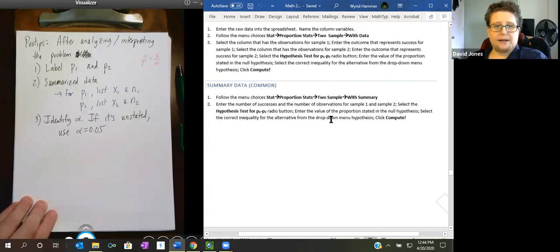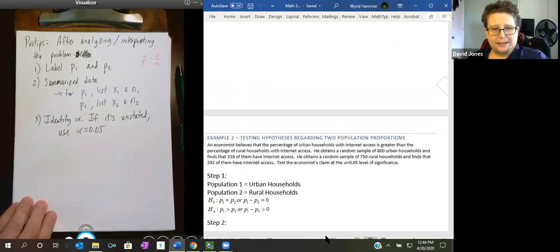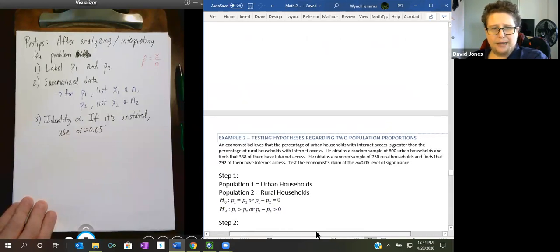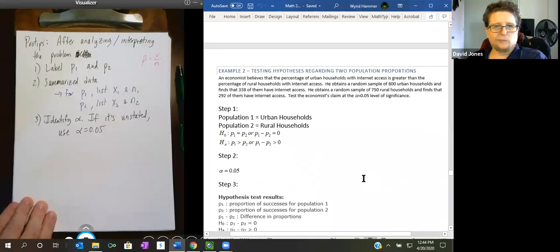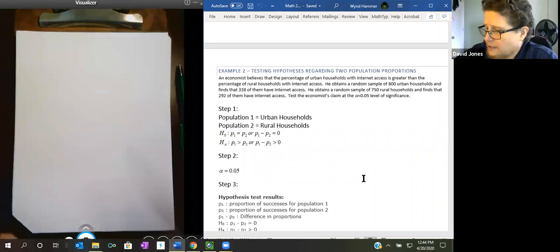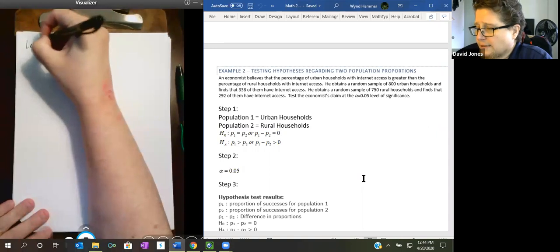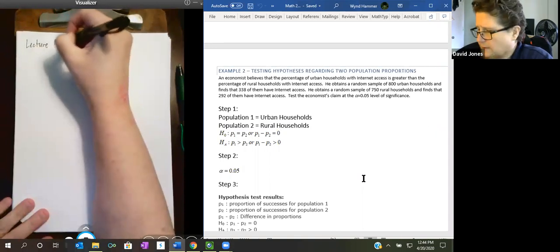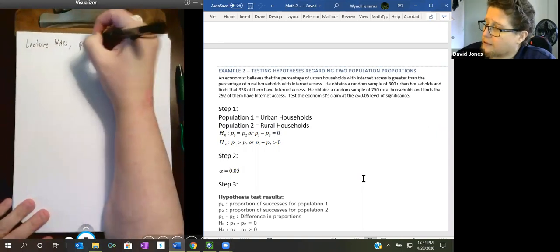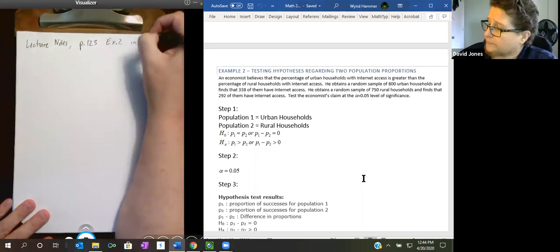Okay. So the first example we're going to look at is in the lecture notes, page 123. This says example 2 in 11.1.